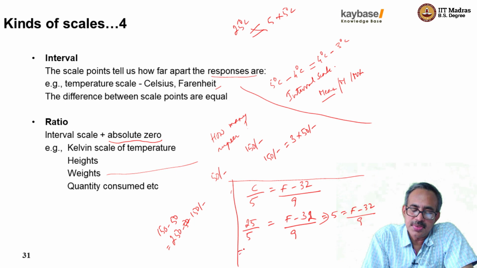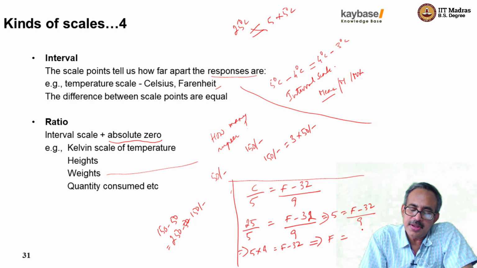That gives us 5 into 9 equal to F minus 32. That gives us F is equal to 5 nines are 45 plus 32.